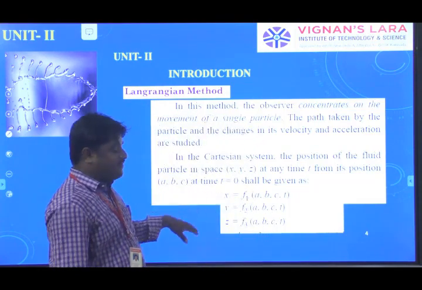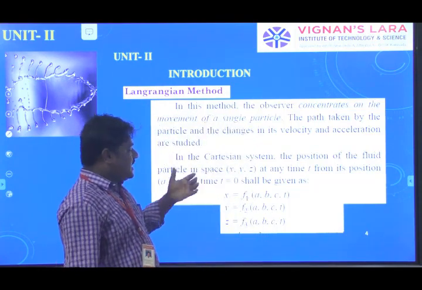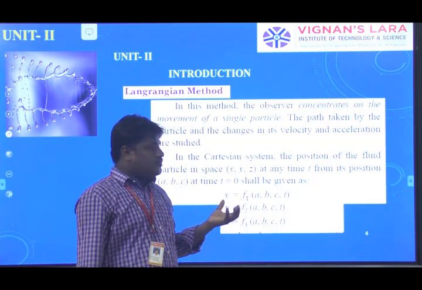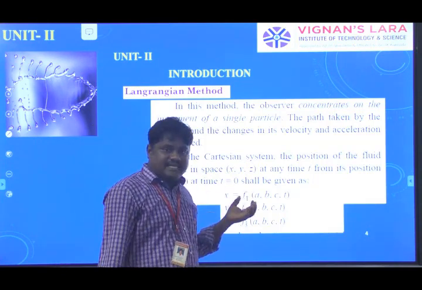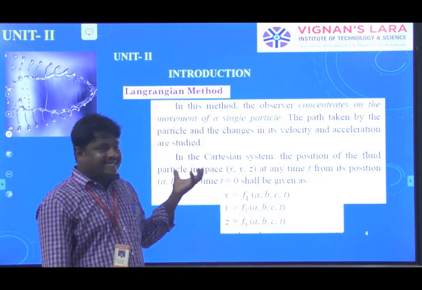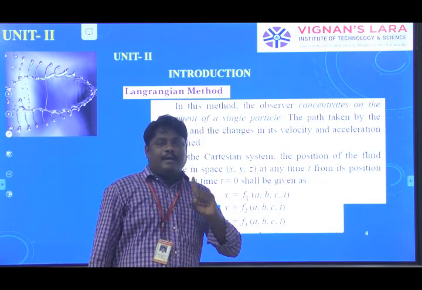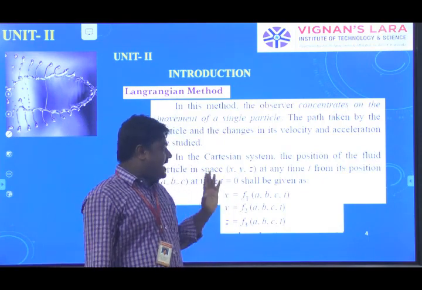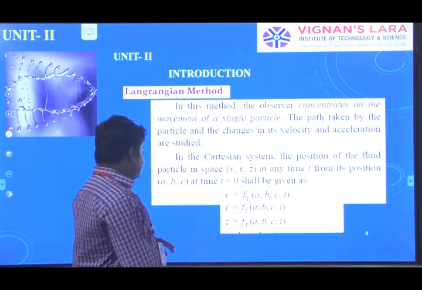These are the functions describing the position of the fluid particle. Here I have considered only one particle in the entire fluid, and that particle has three directions: x, y, z. Is it clear?